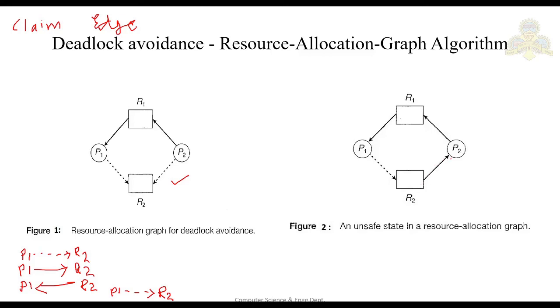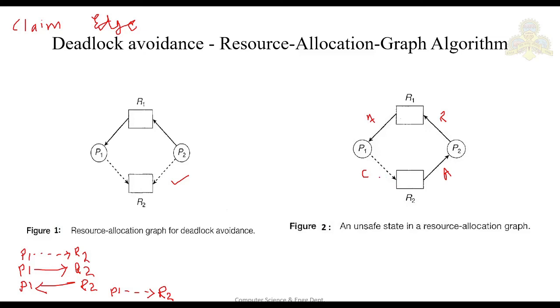Now you check this graph. Is there any cycle here? So here we have a request edge, and this is an assignment edge, and here we have an assignment edge, and here we have a claim edge. So you can see the arrows, right? It is quite forming a cycle, but this portion is still unsure. That means process P1 is not requesting R2, but the process P1 might request the resource R2 in future.